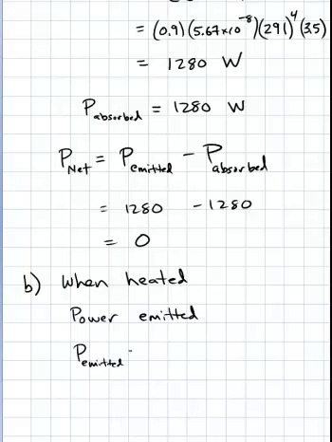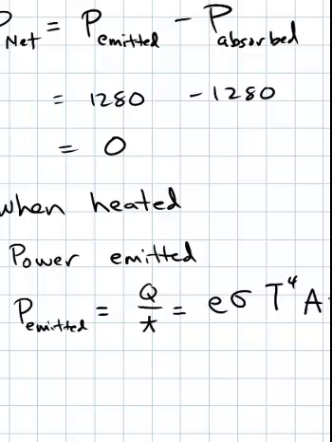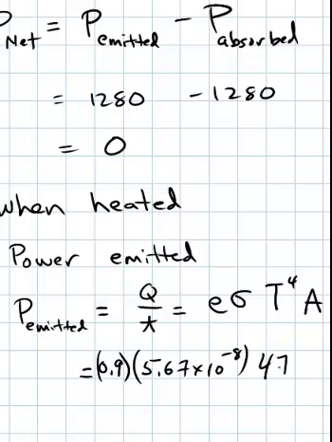Q over t is emissivity, Stefan-Boltzmann constant, T to the 4th power, and the surface area. We know these things. 5.67 times 10 to the minus 8 is our constant. We have to convert our temperature into Kelvin, so we have 471 Kelvin to the 4th power and 3.5 square meters.